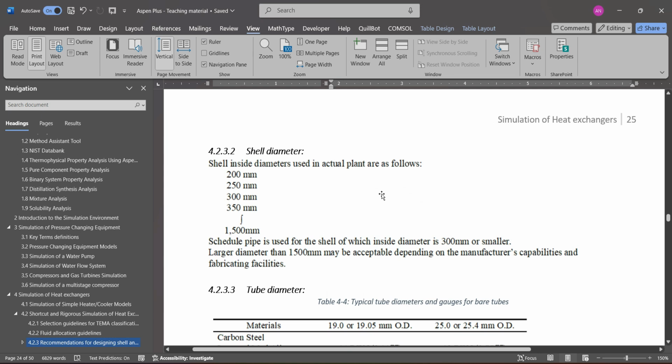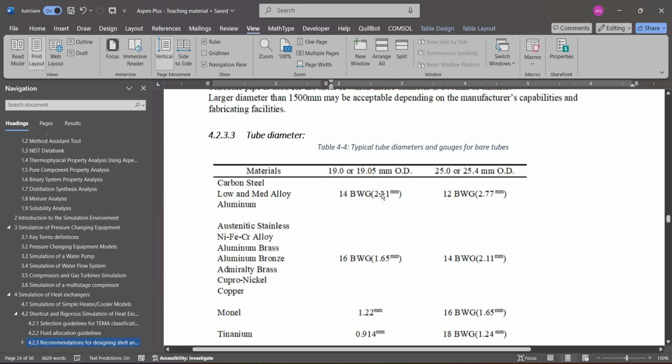And the shell size is typically not all possible numbers. It is commonly 200 or 250 millimeter or 300 or 350. We can have these common shell sizes.